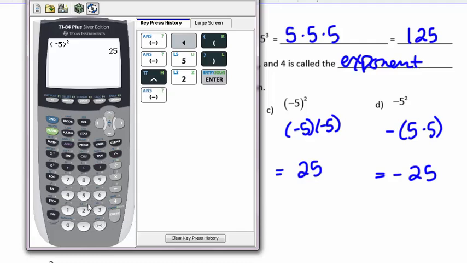Because if you didn't use parentheses, you're going to be doing it like part D, negative, then the 5 squared. So we need to be very careful what we mean when we type it into the calculator. The calculator doesn't know which one you are intending to type, and if you are supposed to have parentheses but don't type them, you will get something that might not have the right sign.